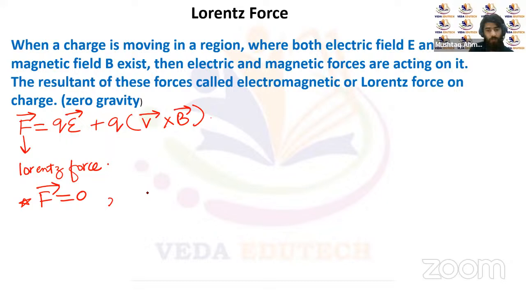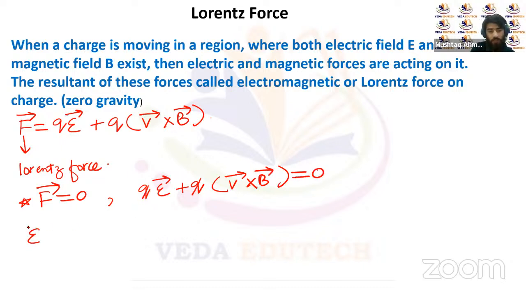So it means that QE plus Q times V cross B will be equal to zero. This Q and Q will cancel. It means the electric field vector should be directed along minus V cross B. If this is the direction of the electric field vector, in that case the net force acting on that charged particle can be zero.